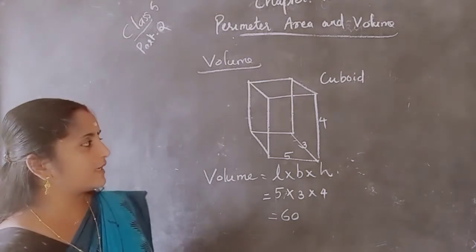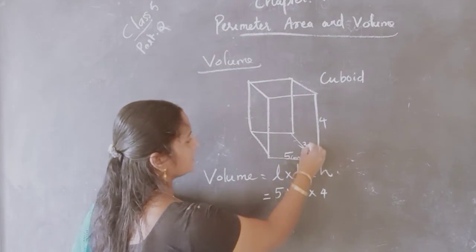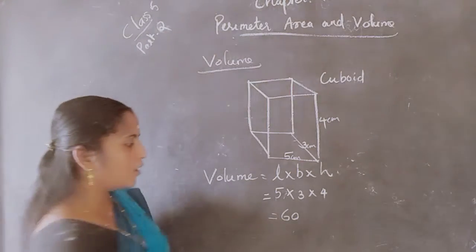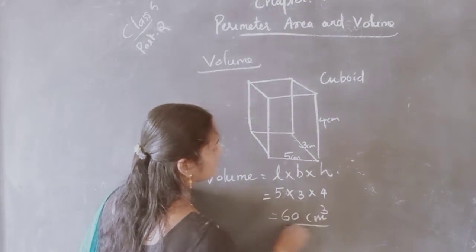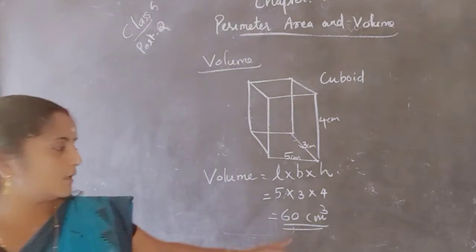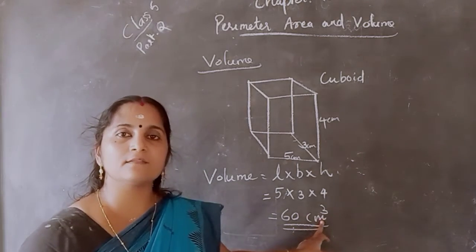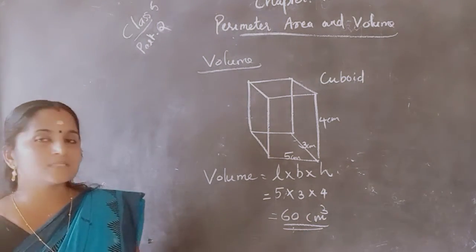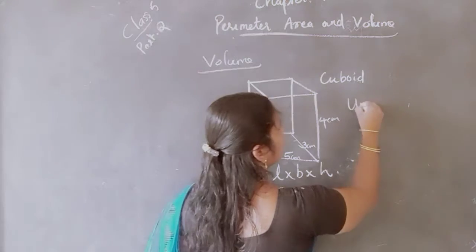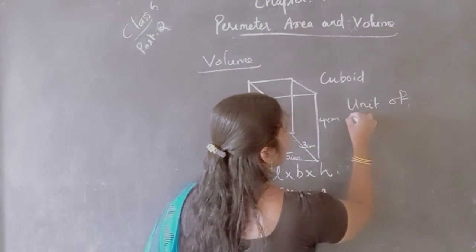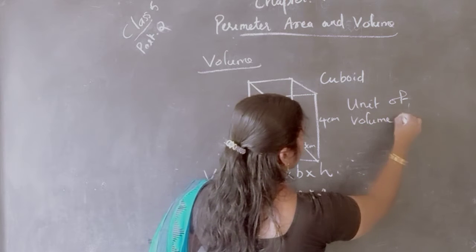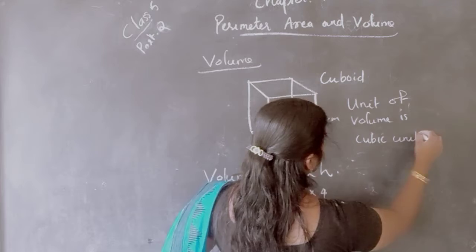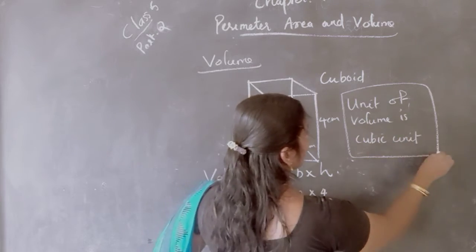Then what is its unit? If the measures are in centimeter, then the unit of volume is cubic centimeter or centimeter cube. If measures are in meter, then it becomes meter cube. That is, the unit of volume is cubic unit.